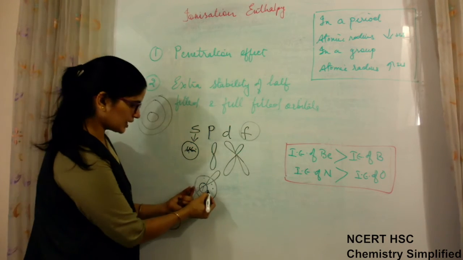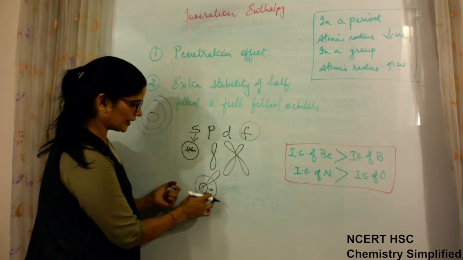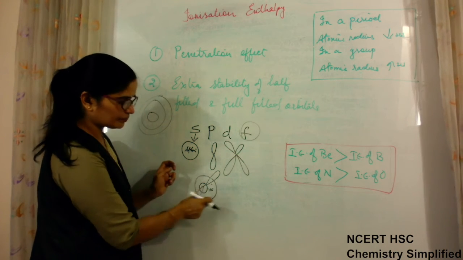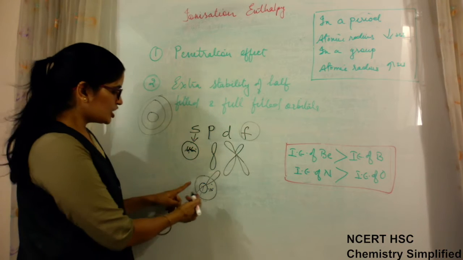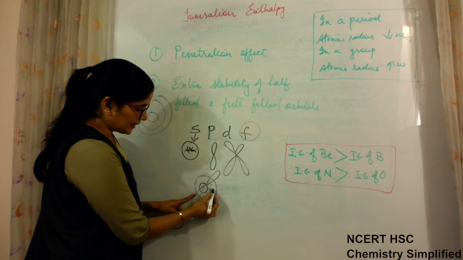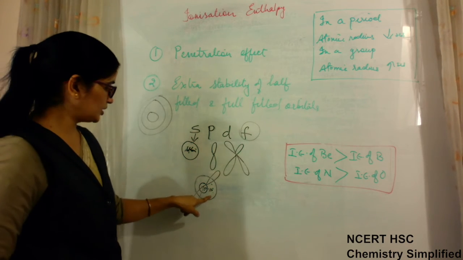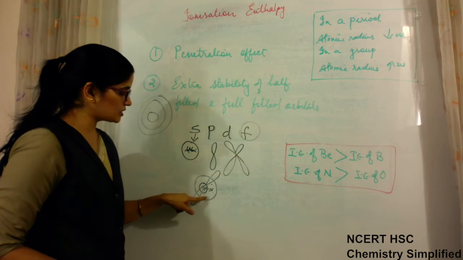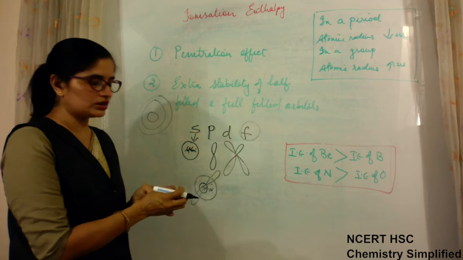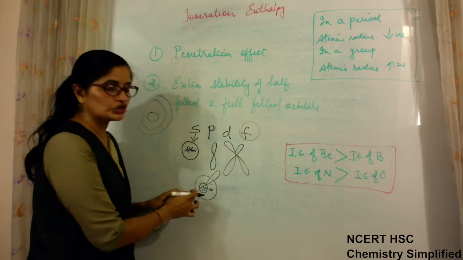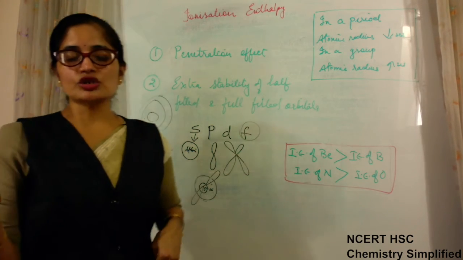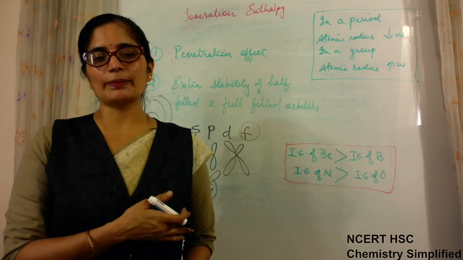When protons attract these electrons, there are two electrons present in it and they are all the time moving around. When these electrons are pulled by the protons present in the nucleus, they are pulled uniformly from all sides because of the uniform shape of the s orbital. This is called penetration effect.